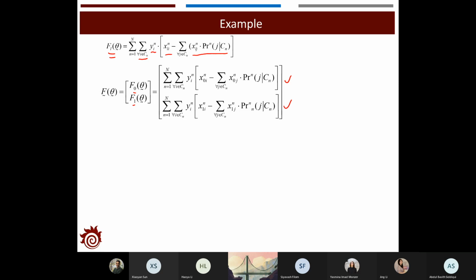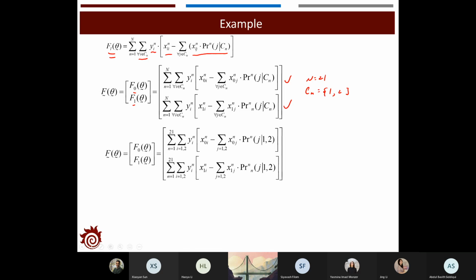What we do, for the observation, we have N equal to 21, and for the Cn is just 1 and 2, so there are only two different modes. So we can apply this one to our specific problem with N equal to 21 and Cn equal to 1 to 2, and also expand this formula.